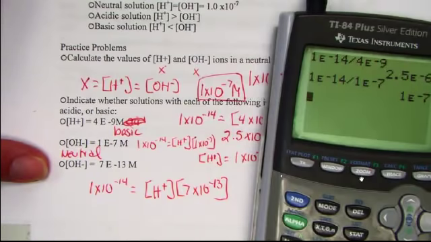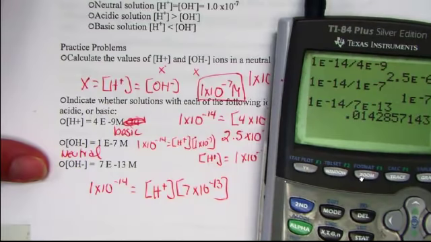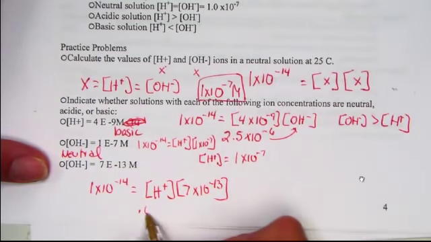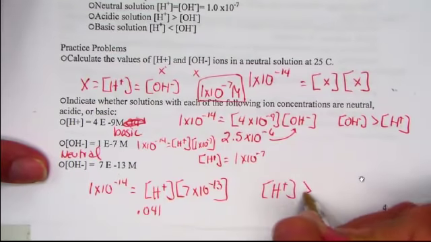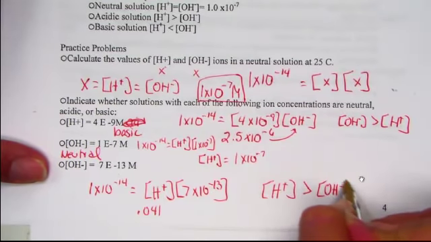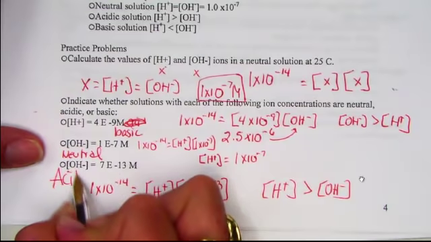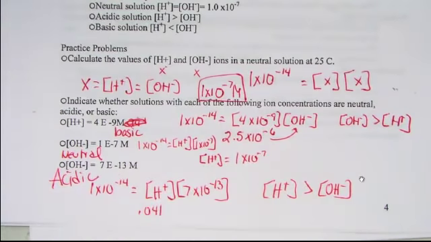The ion product constant of water, 1e negative 14, divided by the provided hydroxide value is 7 times 10 to the negative 13. I found 0.041, which tells us hydrogen ion is significantly larger than hydroxide, giving us an acidic solution.